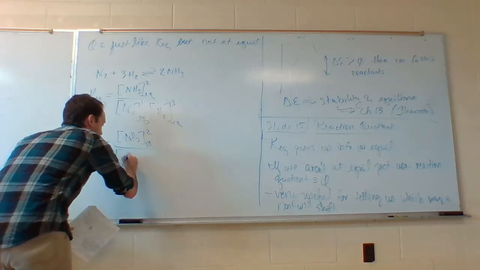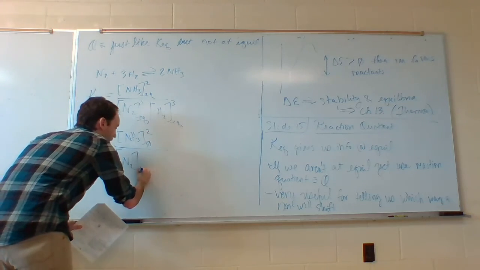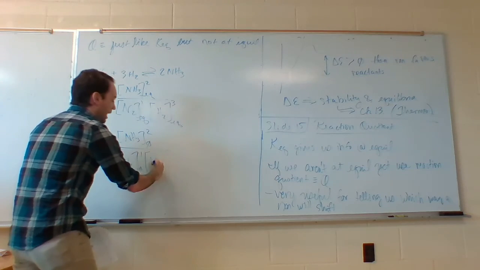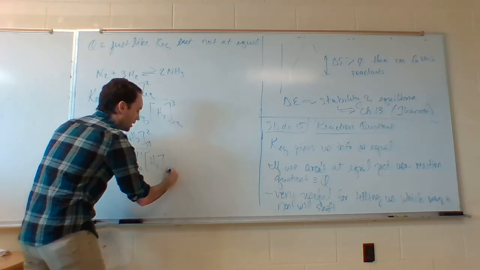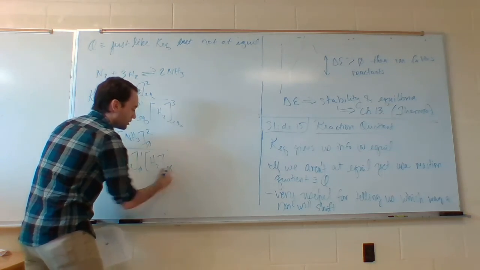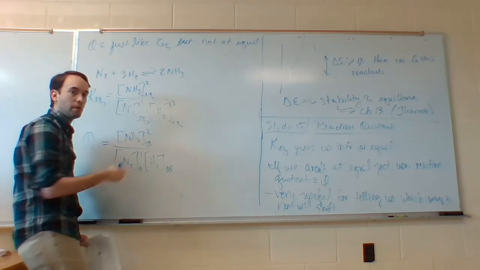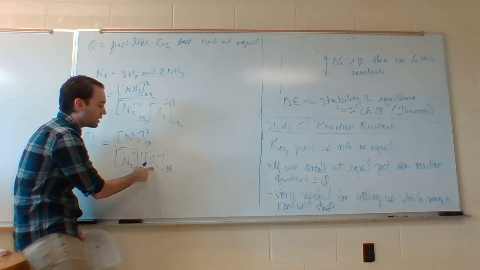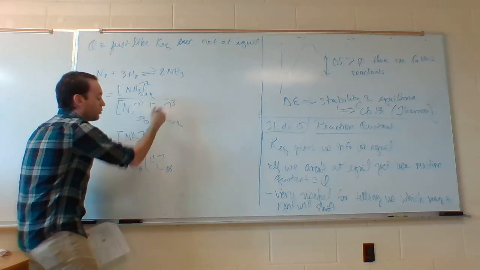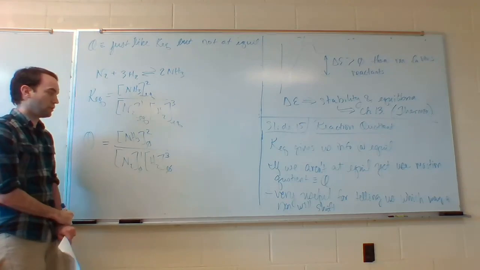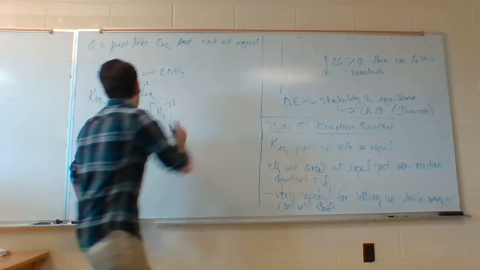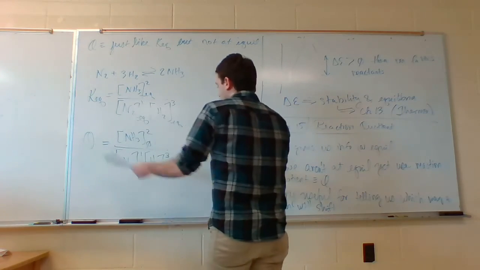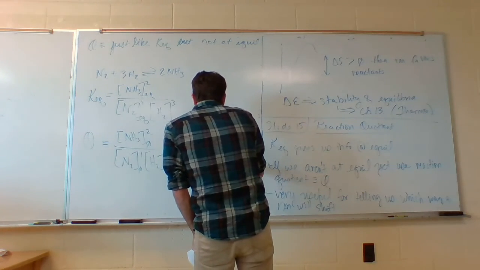And then we have N2, our initial concentration, raised to its stoichiometric coefficient, times our H2 concentration initially. Those are little zeros. I always put a line through my zeros to keep them separate from my O's. So I have my concentration of H2 initially raised to its stoichiometric coefficient, which was a 3. Again, this one's at equilibrium, and Q is your initial.